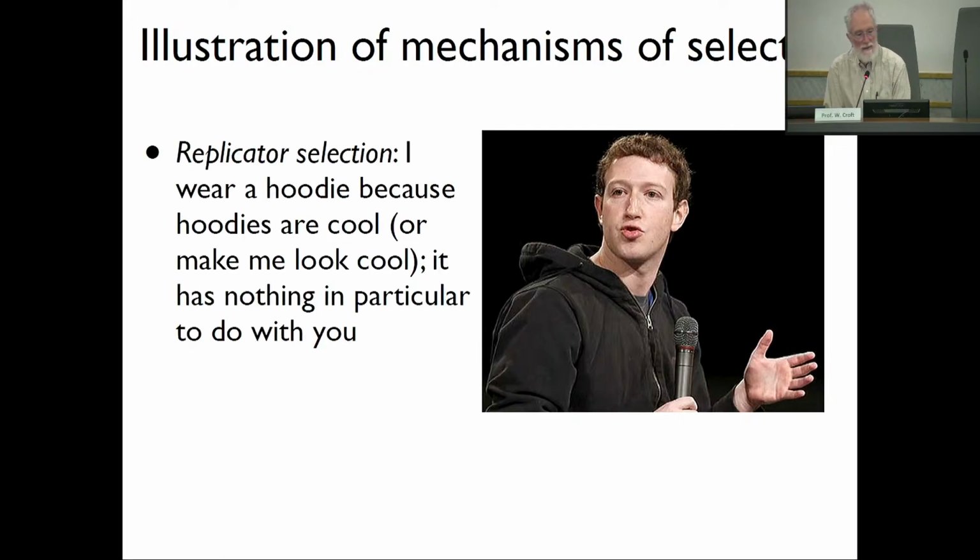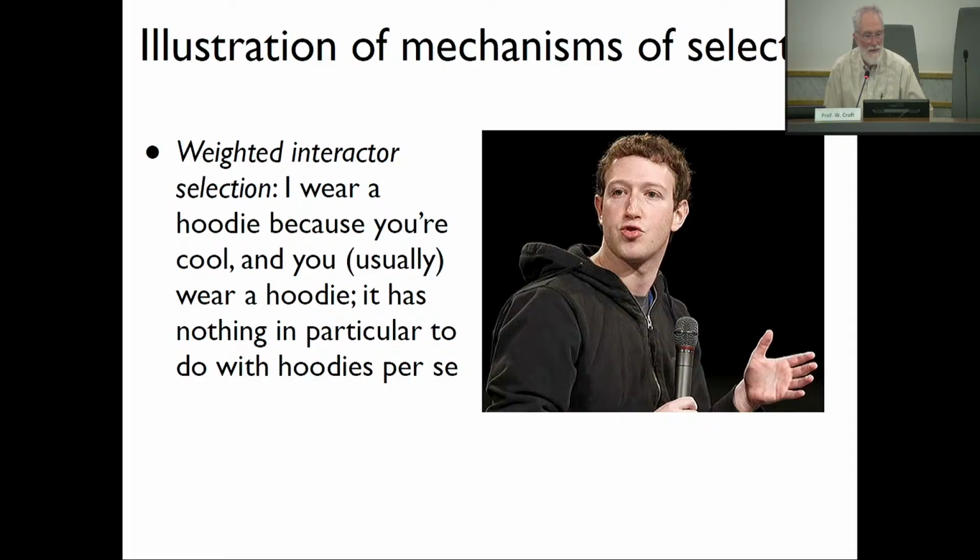So let's say you want to say that wearing a hoodie, a social behavior, is due to replicator selection. Well, the way of describing that would be to say, I wear a hoodie because hoodies are cool. I've associated hoodies with coolness. It has nothing particular to do with you. That is, the fact that Mark Zuckerberg wears a hoodie, it's already cool.